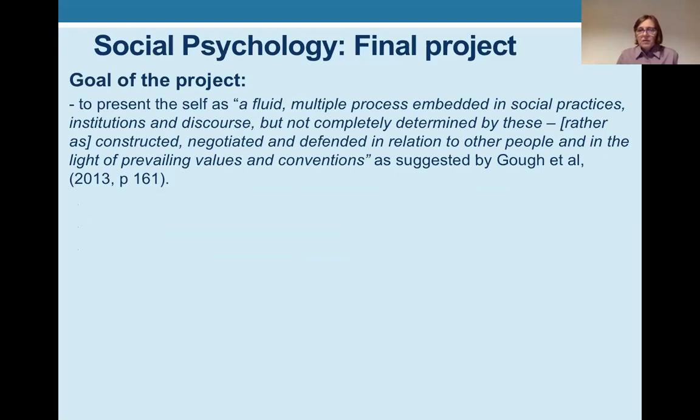And again, in the words of the authors of our textbook, it's a fluid, multiple process embedded in social practices, institutions, and discourses, but not completely determined by this. Rather, as constructed, negotiated, and defended in relation to other people and in the light of prevailing values and conventions.